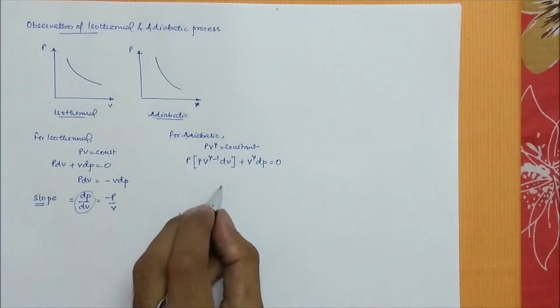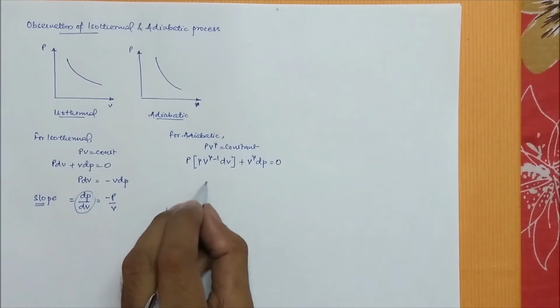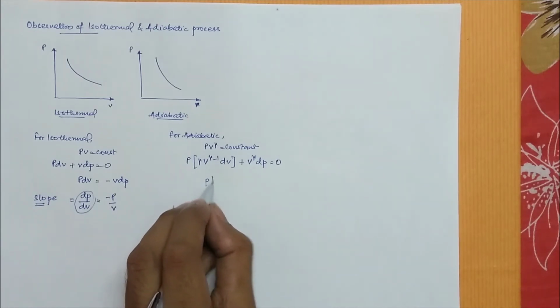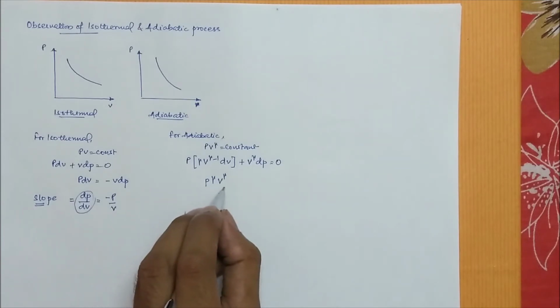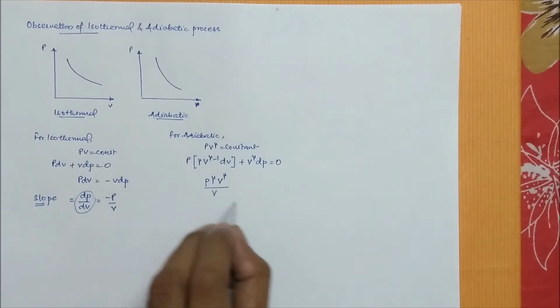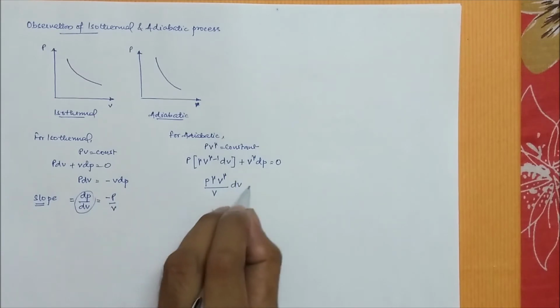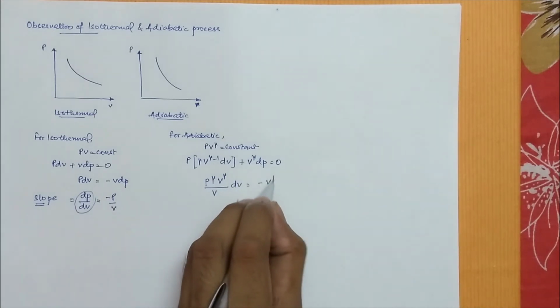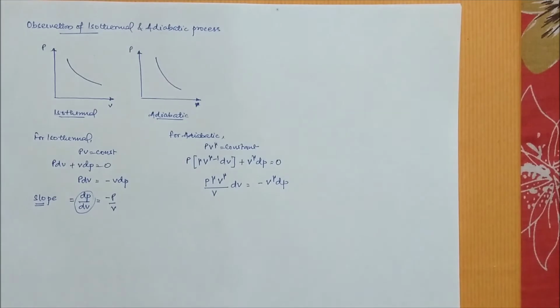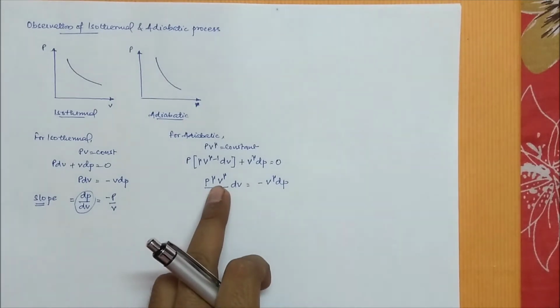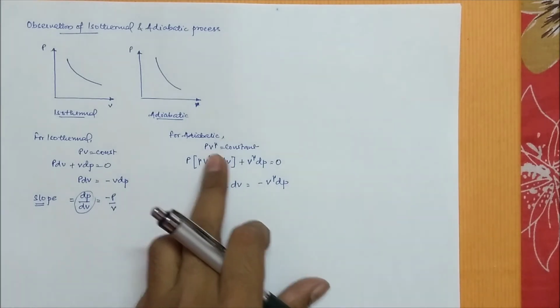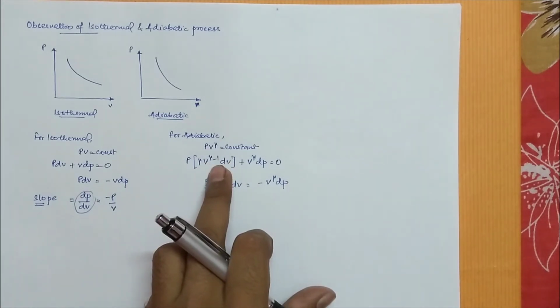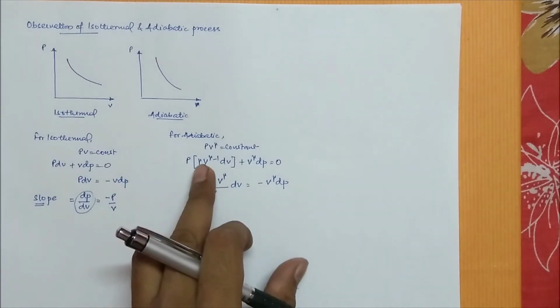From this, we have P gamma V to the power gamma by V dV is equal to minus V to the power gamma dP, right?